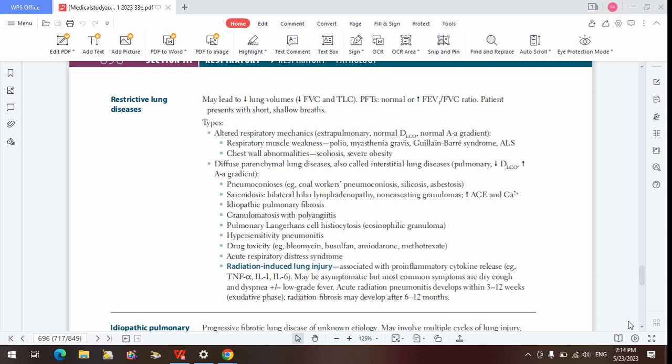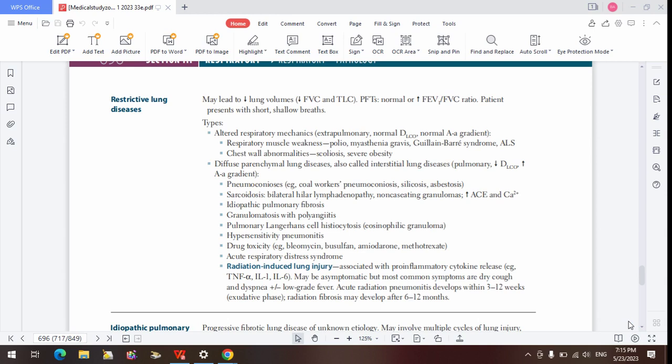Residual volume is lower than normal. They now said that this person is having myasthenia gravis. They start painting myasthenia gravis: difficulty in seeing, blurry vision, diplopia, difficulty moving. They can ask us, what would be the A-a gradient in that person? It will be normal. What would be the diffusion capacity for carbon monoxide? It will be normal.